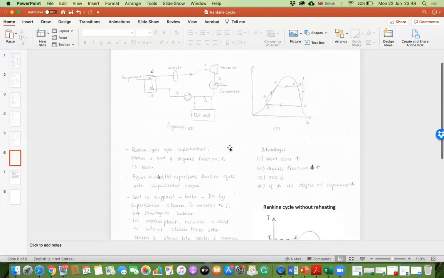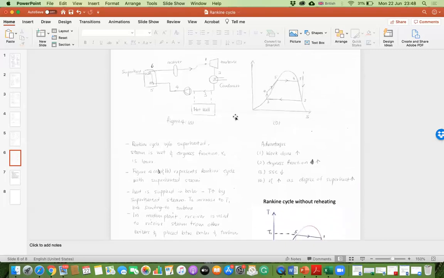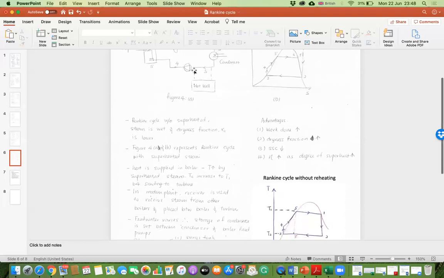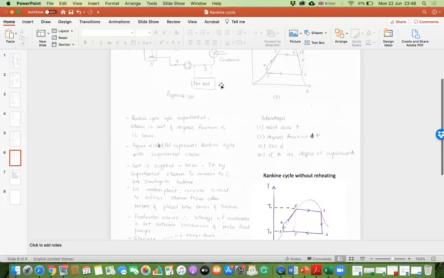What that means is, as I mentioned, there are different inputs to the receiver, so the feed water varies. So it's good to have a storage here to control the flow. There are two types of storage. One is the surge tank, another one is the hot well. In figure 4a, this is a hot well. Okay.